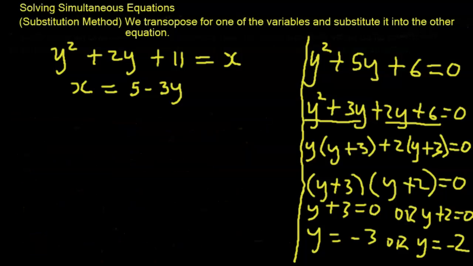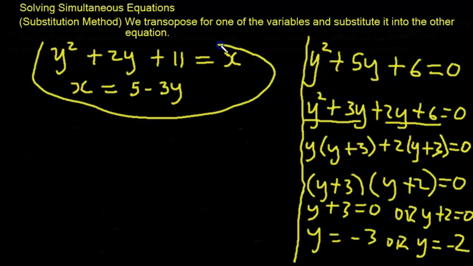Okay, now to get the values of x, we substitute each of the y values into any one of the equations, one of these two equations. It doesn't really matter which equation. Now let me use equation 2, since that seems to be the simpler one.